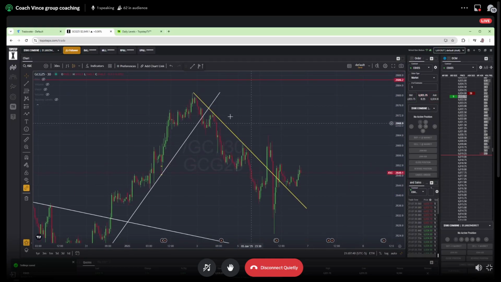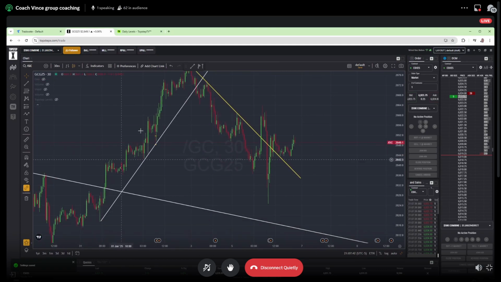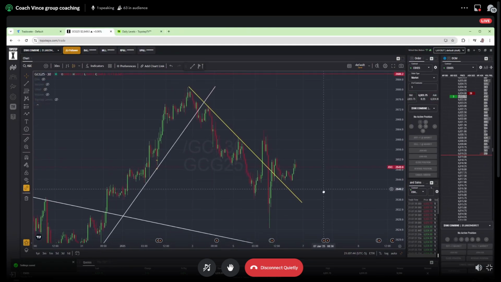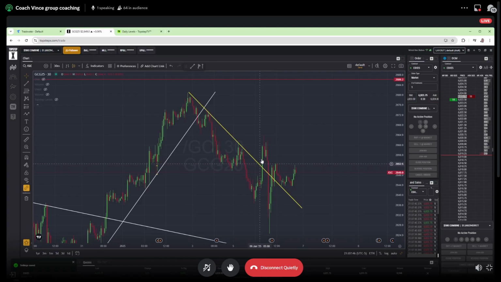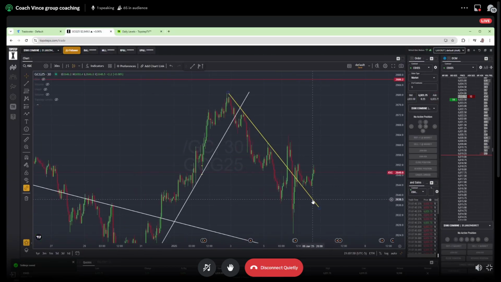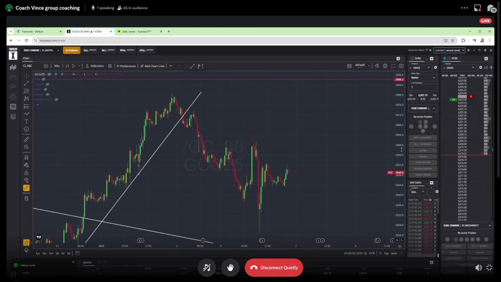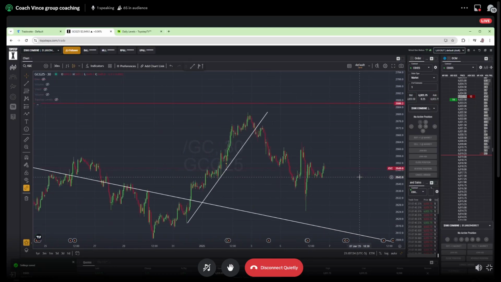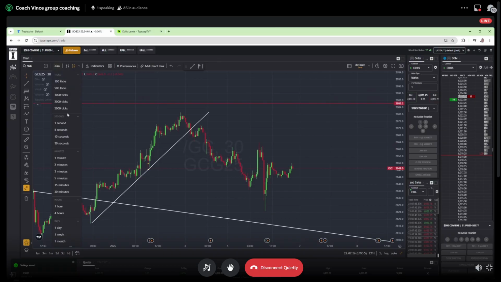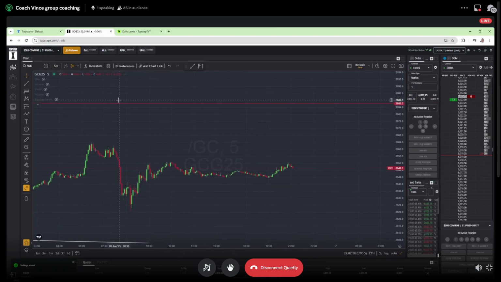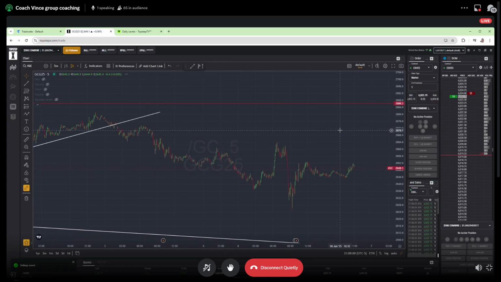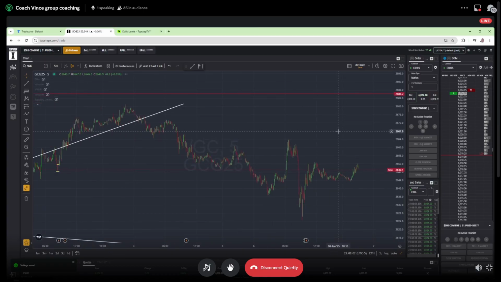It's almost a bull flag type pattern. We push up, we pull back, structure, and it's just toying around. So this is very, very choppy right now. You know, this is not a market that I'm very interested in until it starts to show some sort of direction.